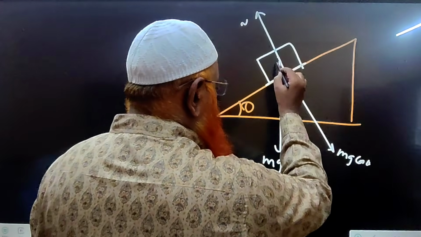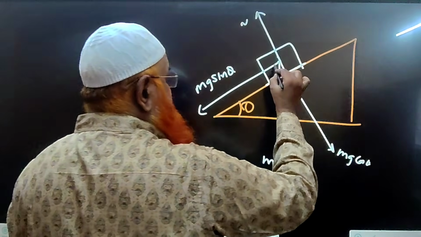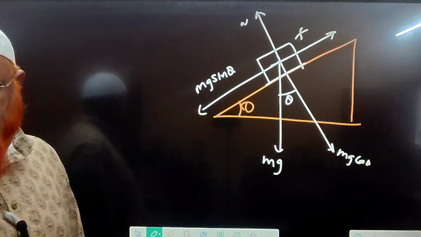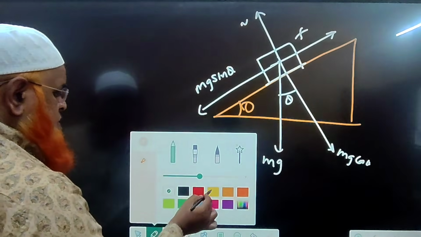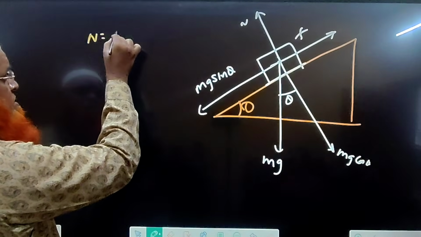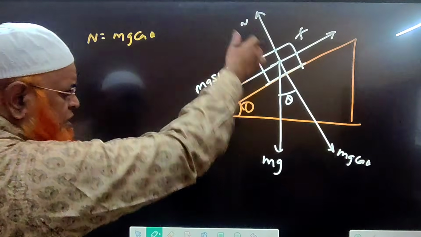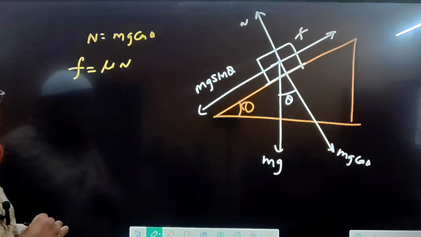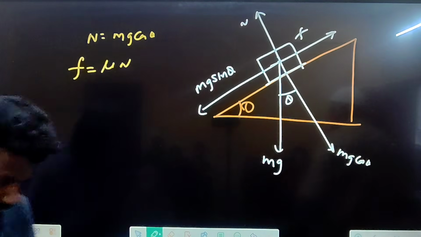Adjacent to angle theta, mg cos theta. In this direction, mg sin theta. And friction is present here. Friction means f in the opposite direction. Understood? And you all know that the normal reaction in the upward direction is exactly equal to mg cos theta. N equals mg cos theta. And you also know friction is going to be mu into N, the general formula for friction.